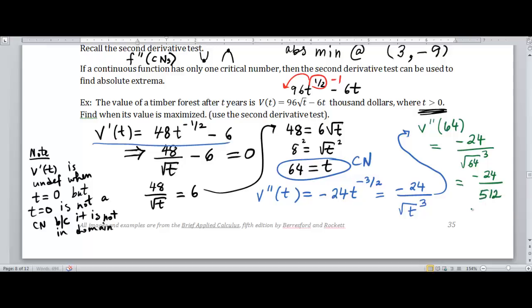And this is negative, right? So when your second derivative is negative, that means the function is concave down, which means we have a max. Okay, so indeed the value of the timber forest is maximized when t equals 64, so in 64 years.